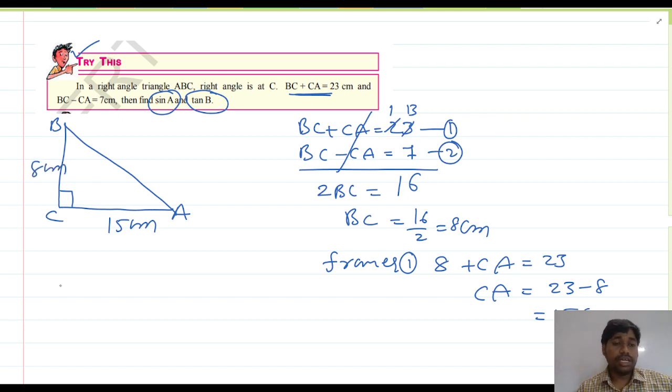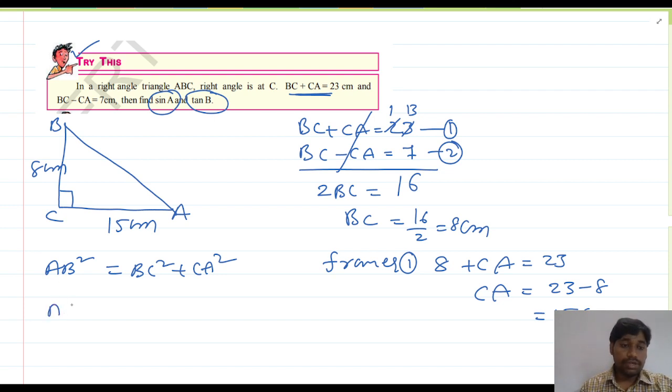Then the third side is the hypotenuse, that is AB square is equal to BC square plus CA square. You can use Pythagoras theorem. AB square is equal to 8 square plus 15 square.